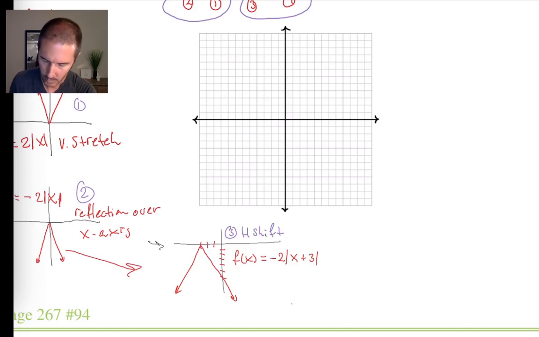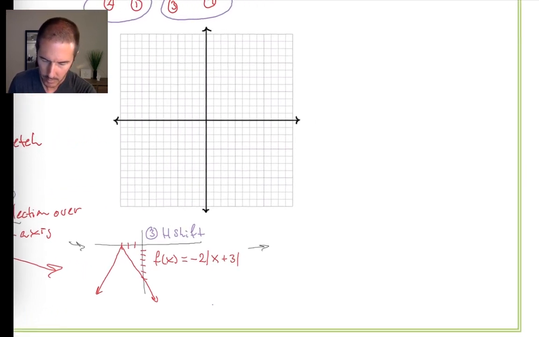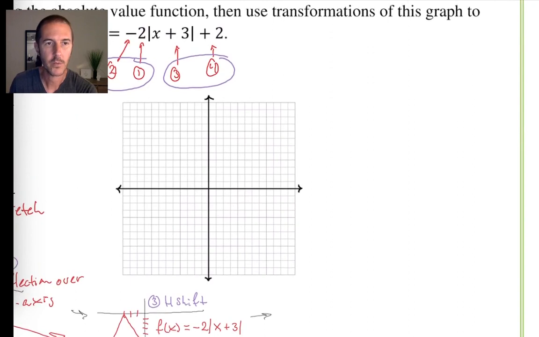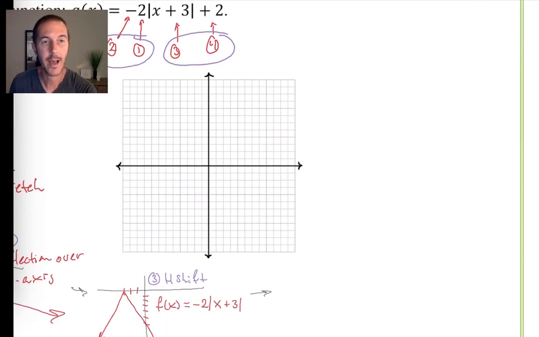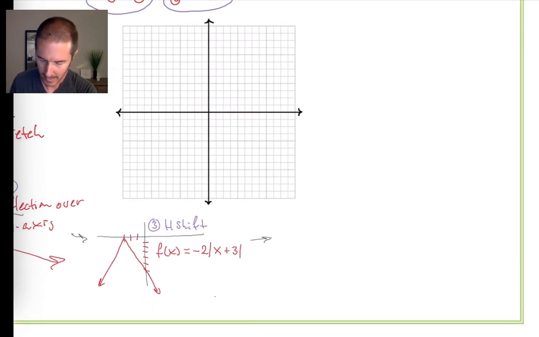And then let's go to our last transformation. Number 4 is that plus 2 that happened on the outside of the function. That's going to be modifying our y values. It's going to be adding 2 to them.